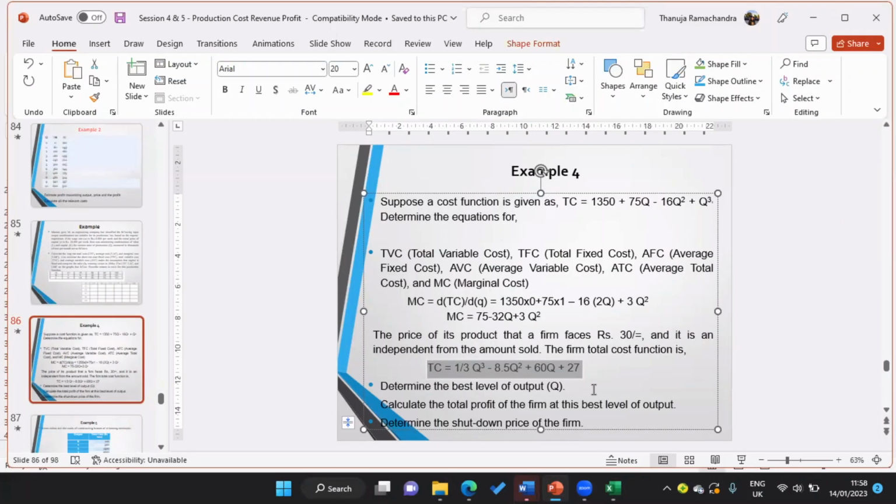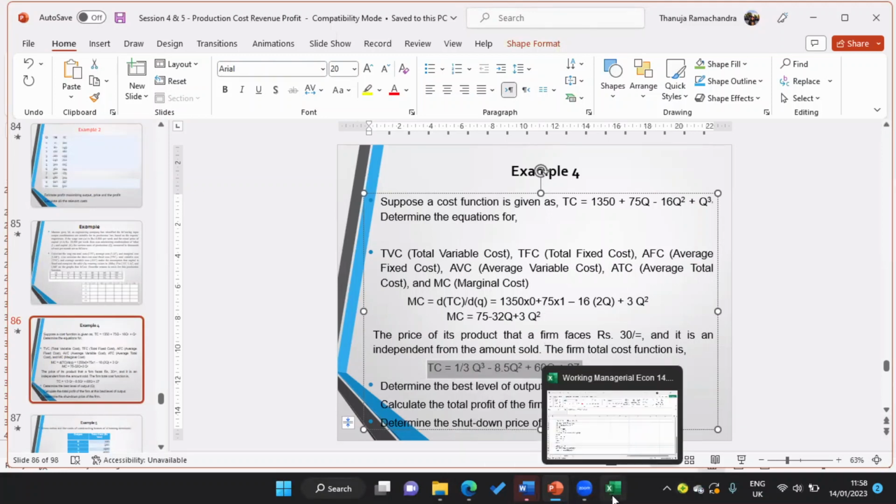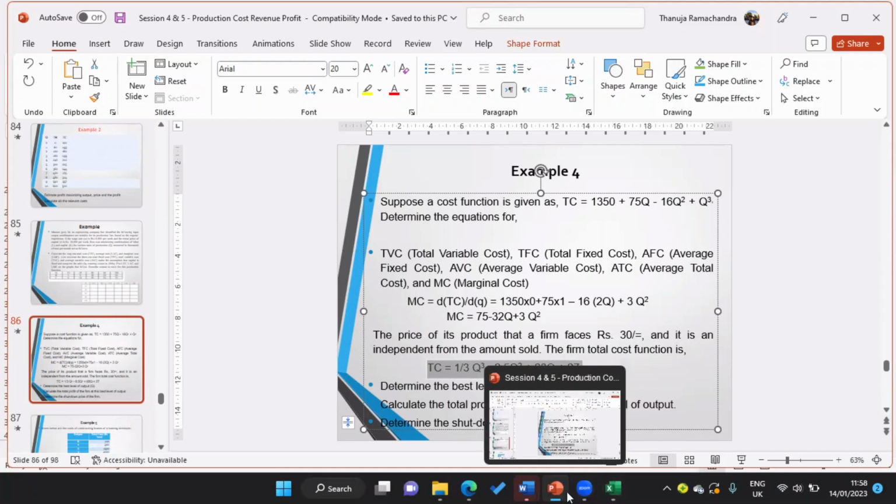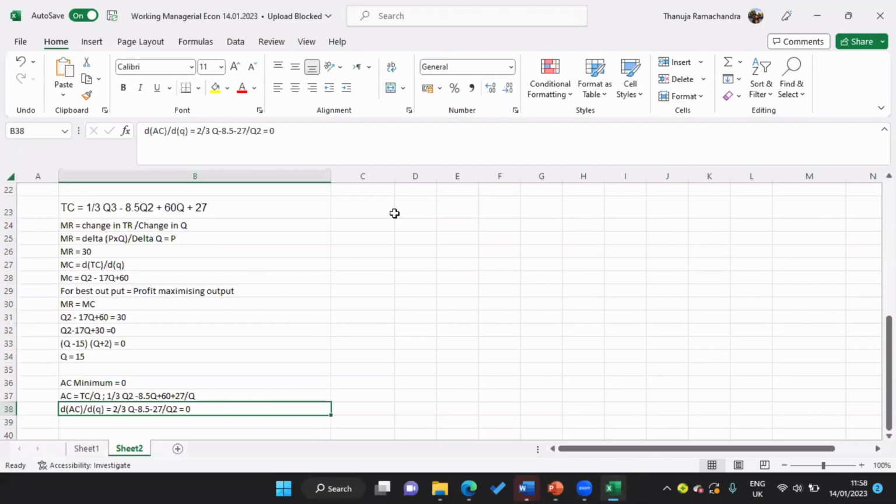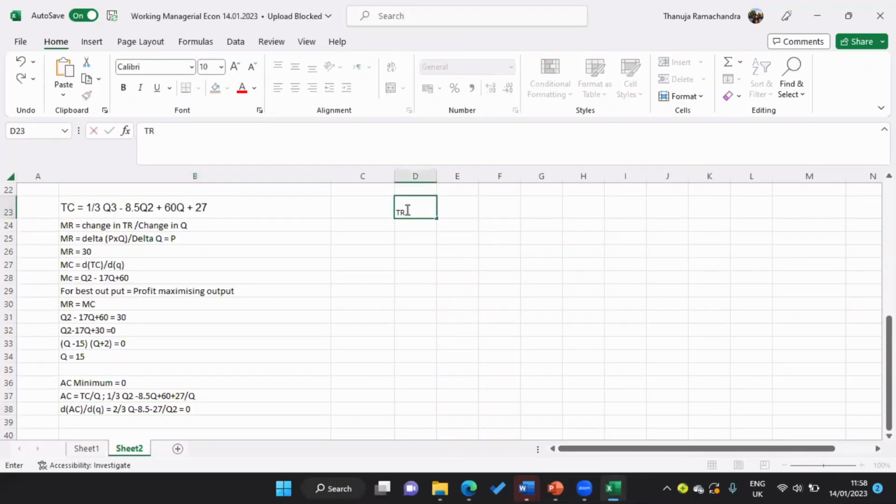Determine the best level of output. Calculate the total profit of the firm at this best level of output. Total profit we can get as TR minus TC. So TR for Q equal 15, P is 15 and Q is 15, isn't it?